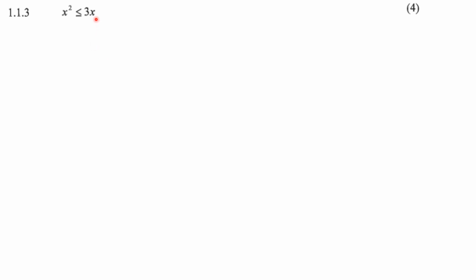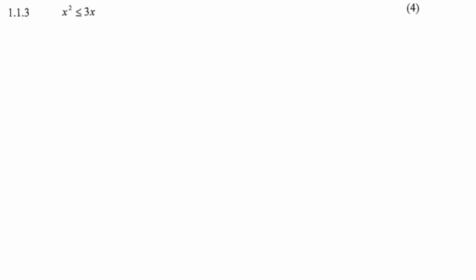So we'll just transpose this 3x to the left, and then we are left with 0 on the right. That is what you want to have when you solve an inequality, one side of your inequality to be 0, so that you can solve for the values of whatever variable you're looking for.